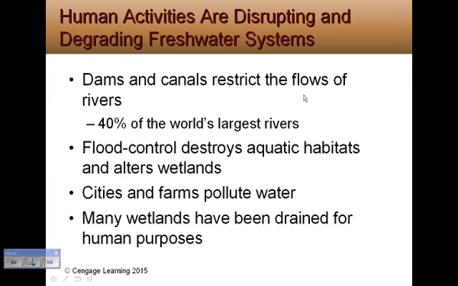In terms of irrigation, we are over irrigating every major river system, and most major rivers do not actually reach the oceans anymore, which violates the nutrient cycling law. The fact that water is supposed to be able to make its way back to the ocean, that's not actually happening. Cities and farms are polluting our waters.